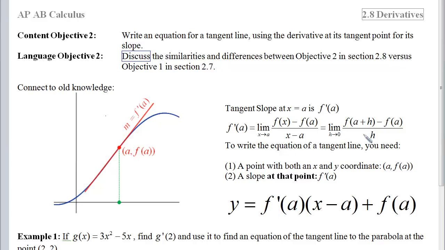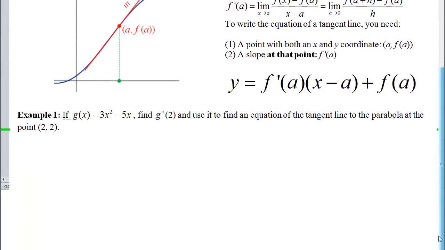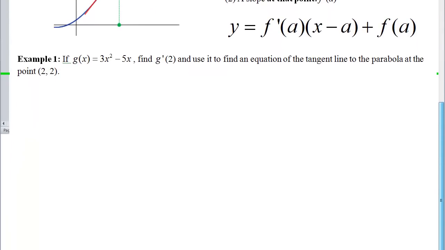And again, you can compute that derivative using either of these difference quotients, though I highly recommend that you try to stick with this one. You need to recognize this one when you see it, but this is the one that shows up most frequently. So for example 1, we want to find g prime of 2 and then use it to find the equation of a tangent line at a point.